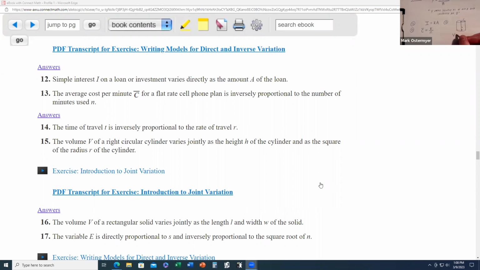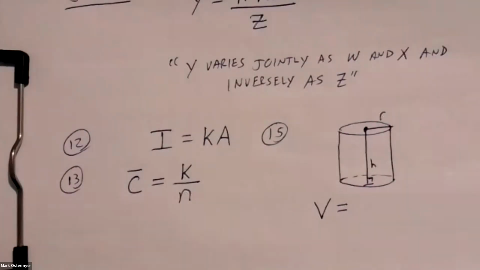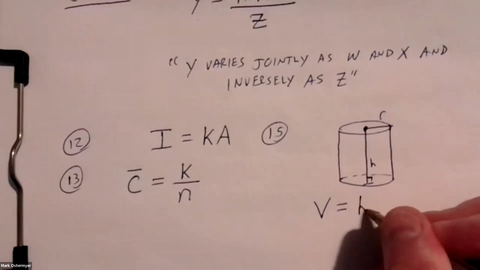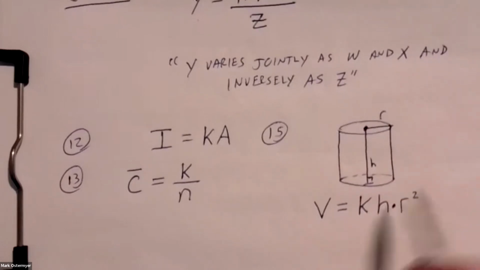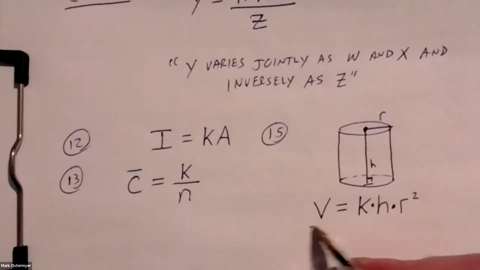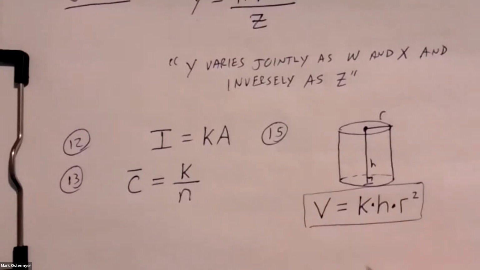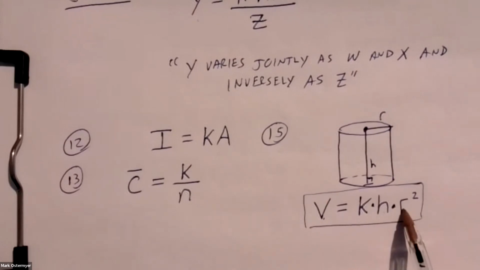Well, volume V varies jointly as the height H of the cylinder, and the square of the radius. And there you go. This would be the equation that represents that joint variation between volume, the height of a cylinder, and its radius squared. Okay.